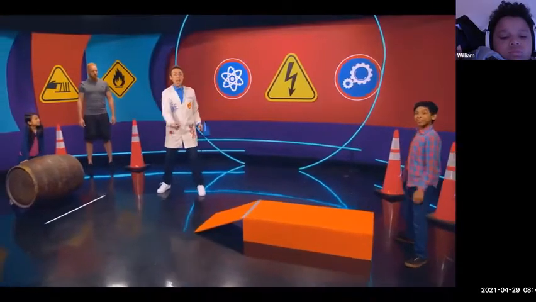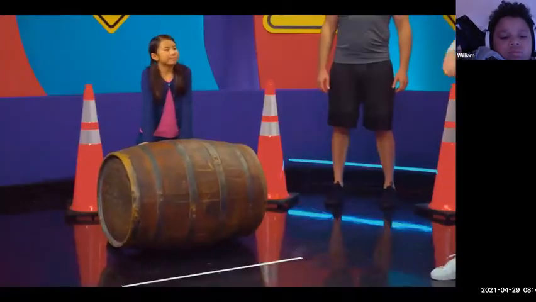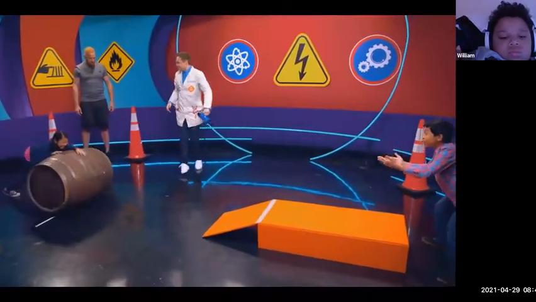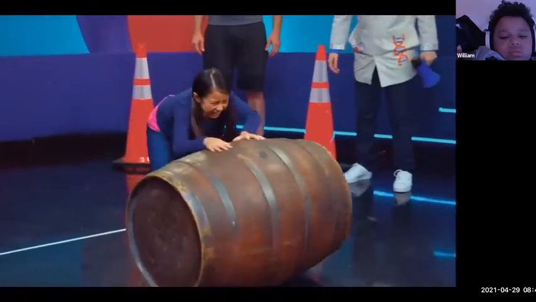Now let's try that with an inclined plane. 3, 2, wonder! Come on, push, push.